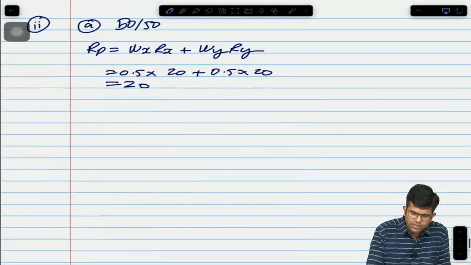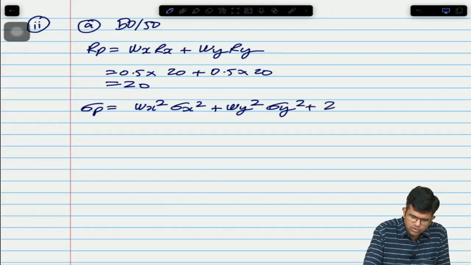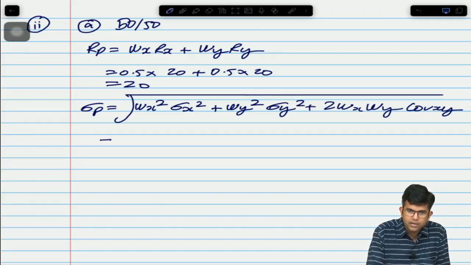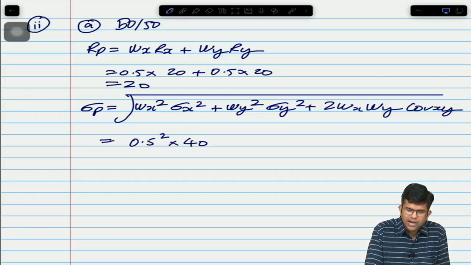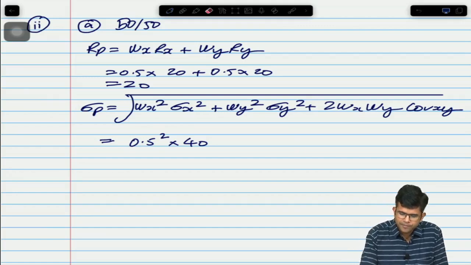Now sigma p will be Wx square sigma x square plus Wy square sigma y square plus 2 Wx Wy covariance xy, the whole under root. So this will be 0.5 square into, hey listen, I'm not doing 6.32 square, I'm taking 40. 6.32 square is 40, no? Even if you write 6.32 square, it will come to 40 only. Everybody clear?